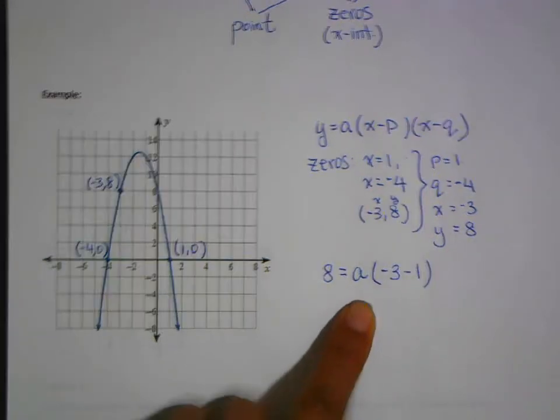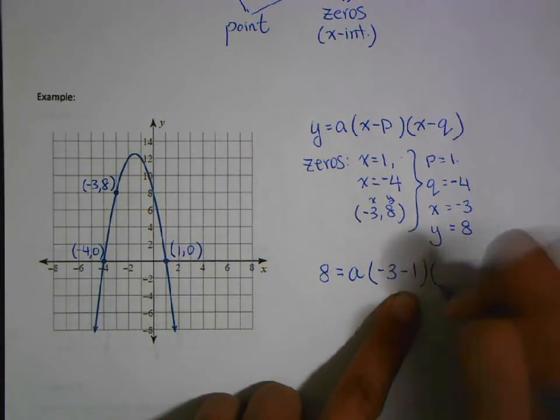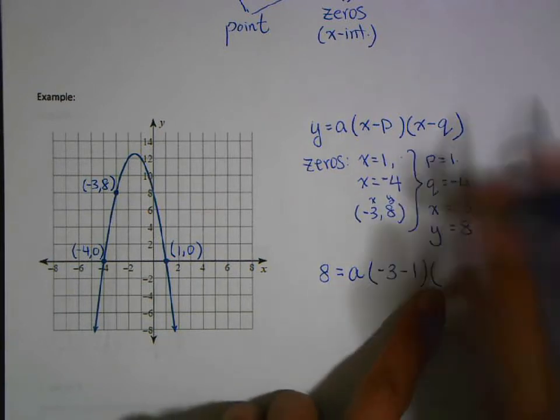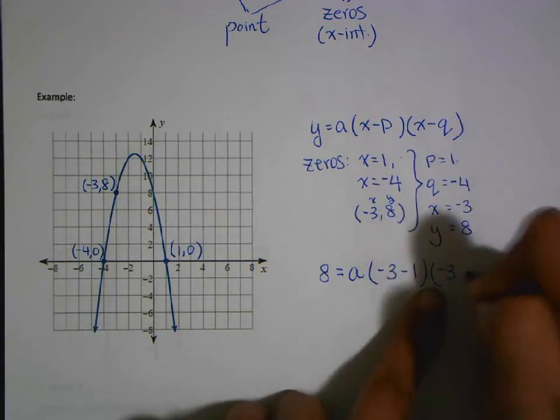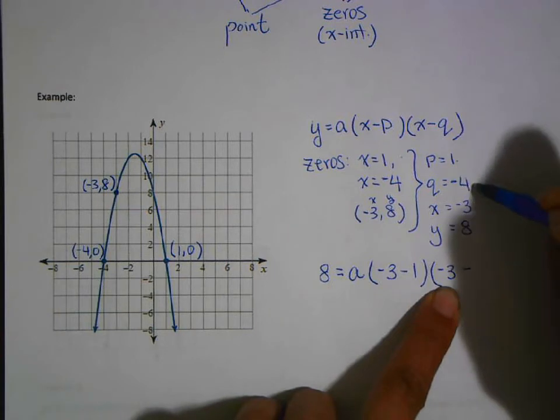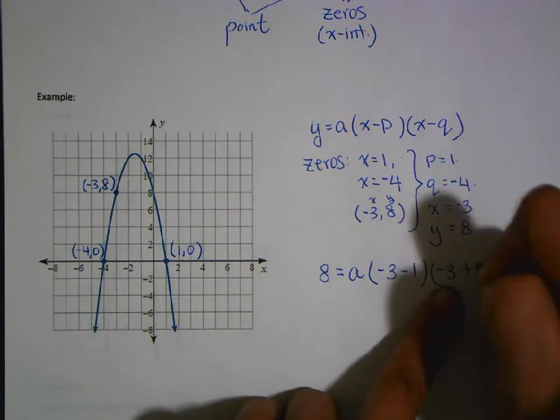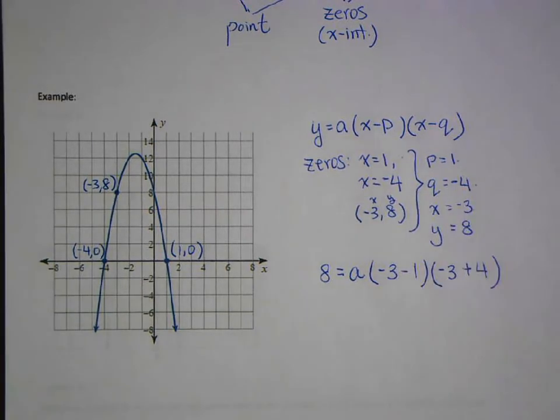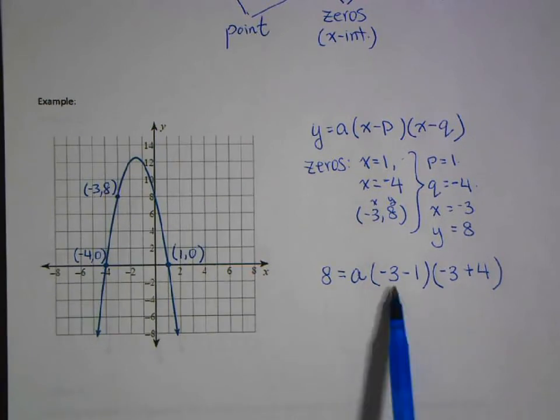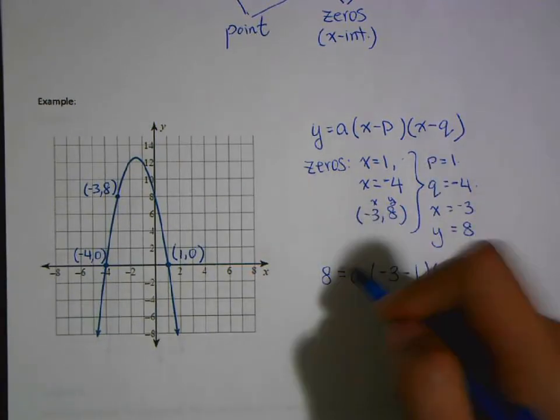Another parentheses, x is still -3, minus q, which is -4. So minus -4 is actually going to give me +4. Now I have all of the numbers plugged in. The only thing left is my a, and I'm going to need to solve for a.